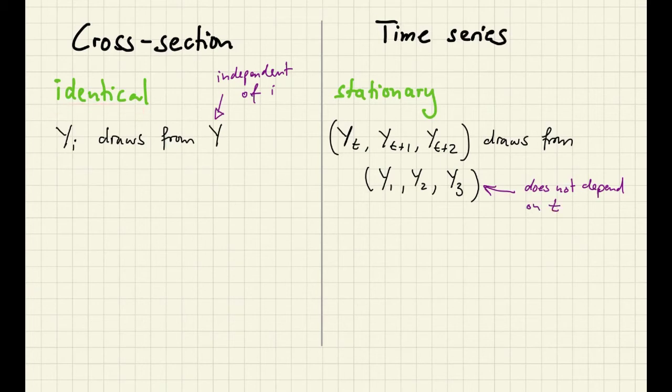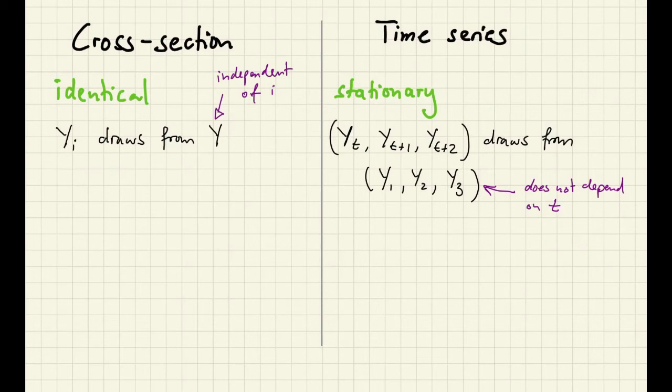Identical sampling for a cross-section or stationarity of a time series makes sure that we always learn about the same economic problem. So for a cross-section, the economic problem doesn't change as we move from one observation to the other. So the same economics apply to every observation.